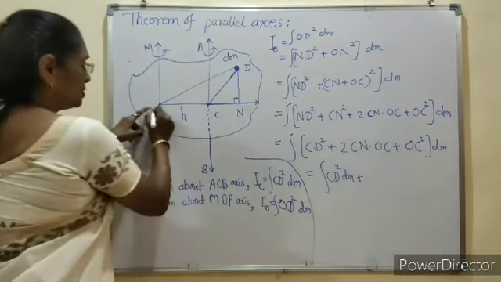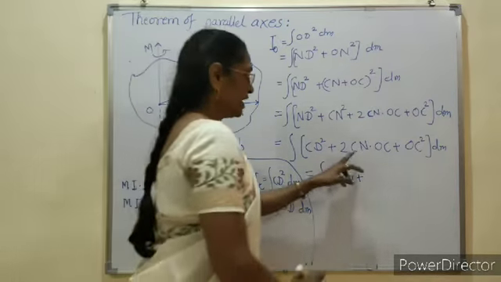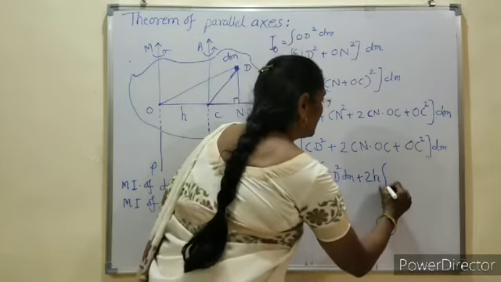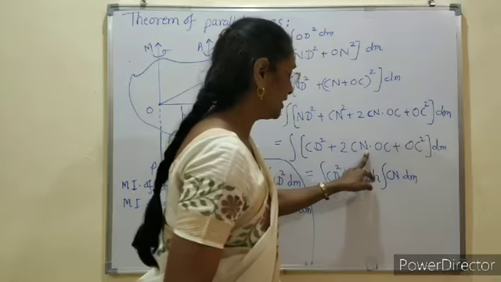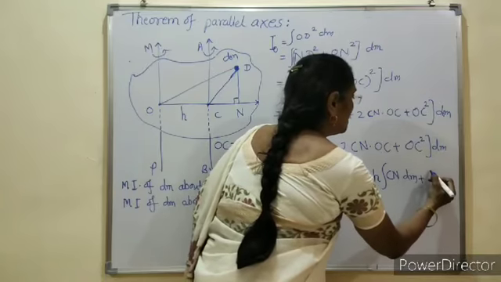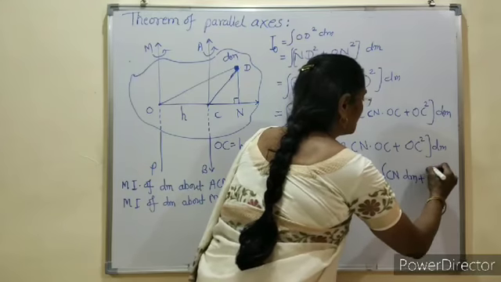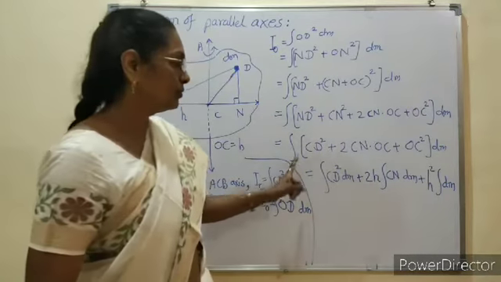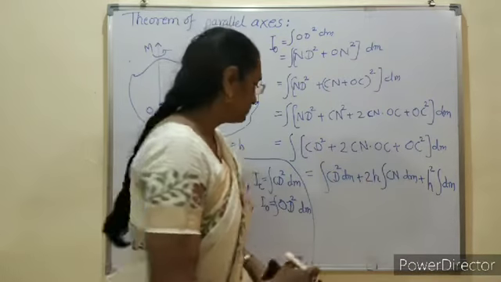Here we know OC is equal to H, the perpendicular distance between the two axes, so we substitute it as H. So 2H, and inside the integration it is CN into dm, plus OC square, which is H square. It can be taken outside the integration because it is constant, and then integration of dm. So we have taken the integration of each term in the bracket.